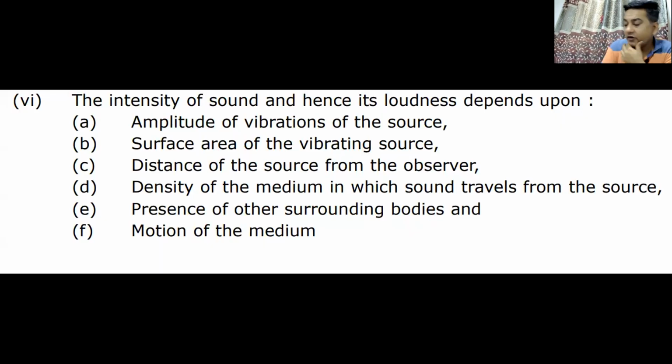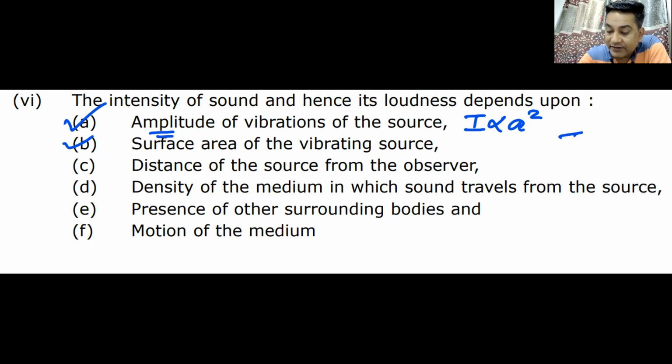Okay. Now let us see some factors on which loudness or intensity of the sound depends. The first factor is the amplitude. I've already told you that intensity is proportional to amplitude square. Yes or no? Then it is about area. Intensity is inversely proportional to area.